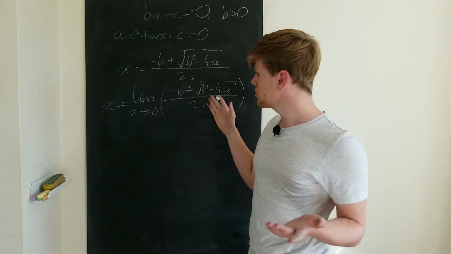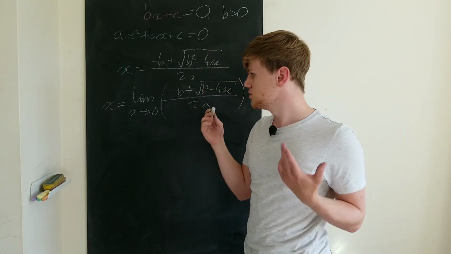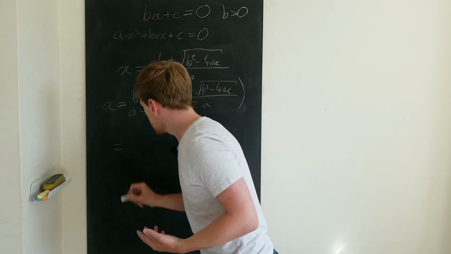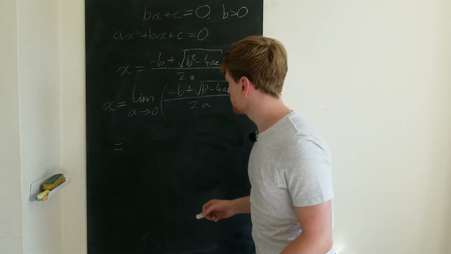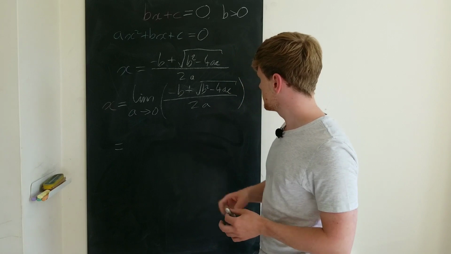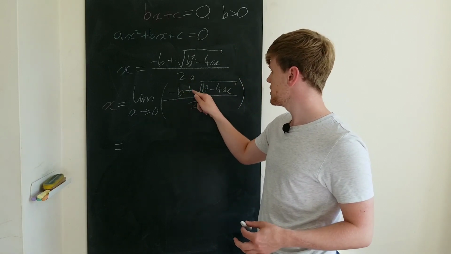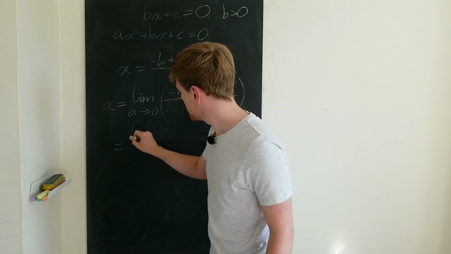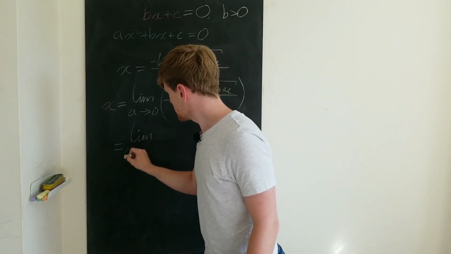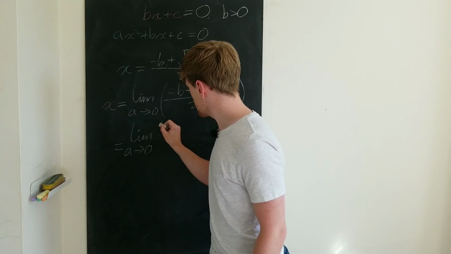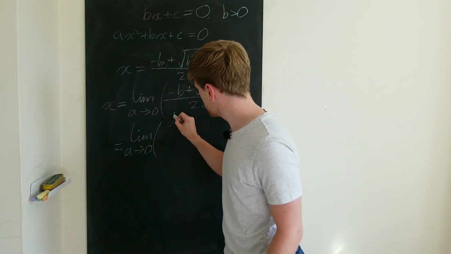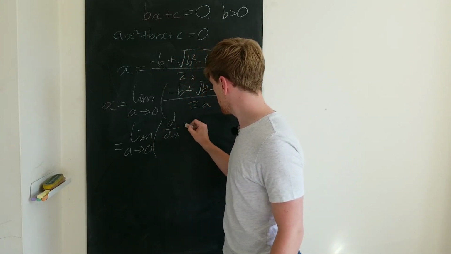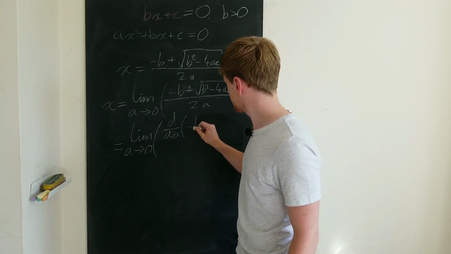Now, solving this limit is not exactly trivial, but it's quite easy if we use L'Hopital's rule. Because as a approaches 0, this numerator will approach 0, and the denominator will approach 0, so we can use L'Hopital's rule to say that this will be the same as the limit of the derivative of the numerator over the derivative of the denominator.